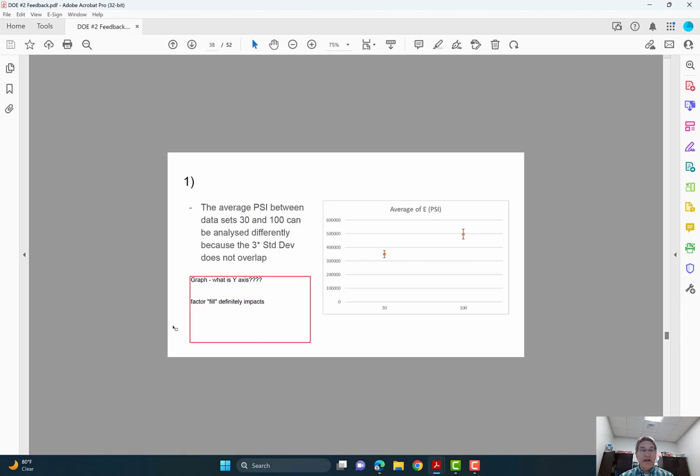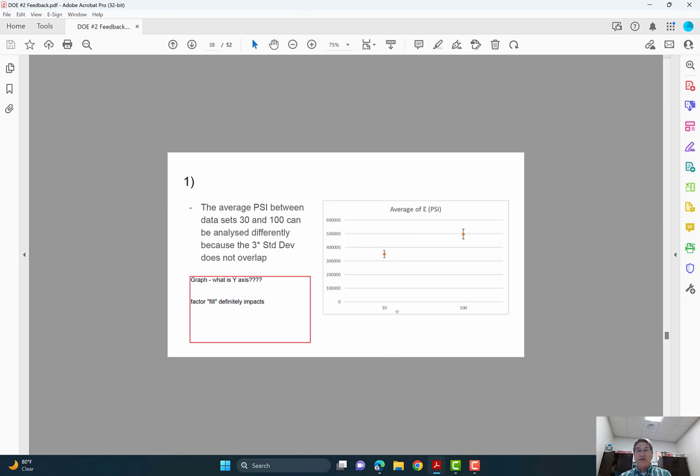Because then you come in here, obviously this graph, and this isn't the only person, where there's no labels, I have no idea what it is. The other thing, the average between can be analyzed differently because the street, what does that mean? It's the factor fill definitely impacts, because 99% of the points are going to be contained in here, and so there's no way that these averages are the same.